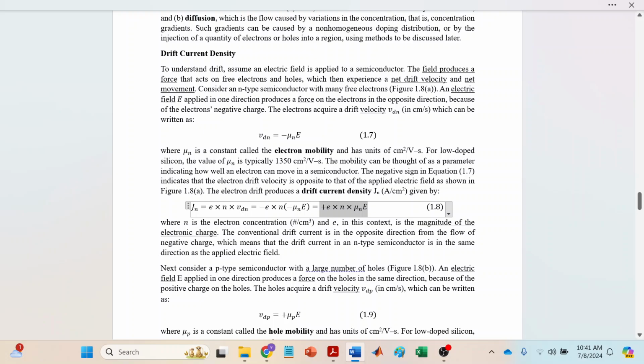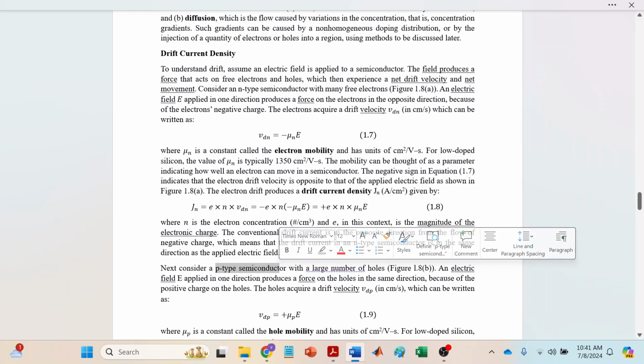So we consider the case of the p-type semiconductor doped with acceptor impurities, and it is generating holes.